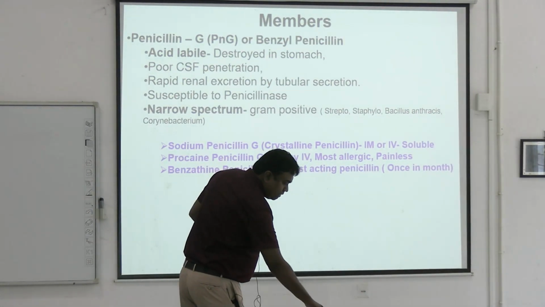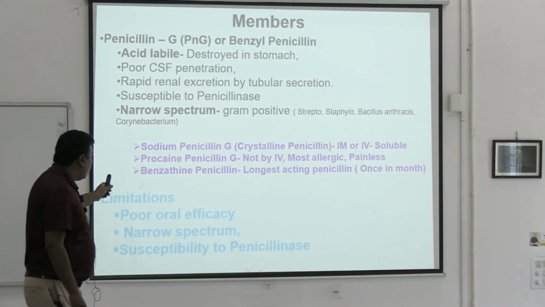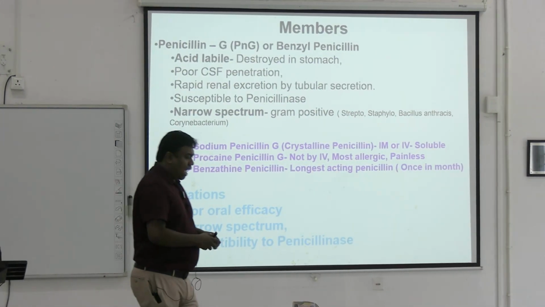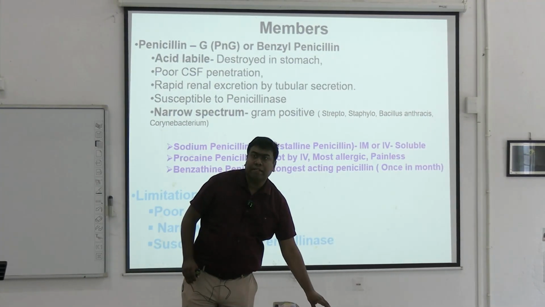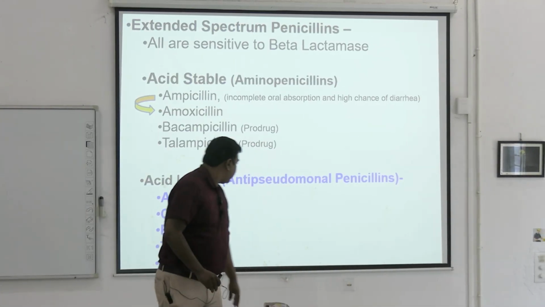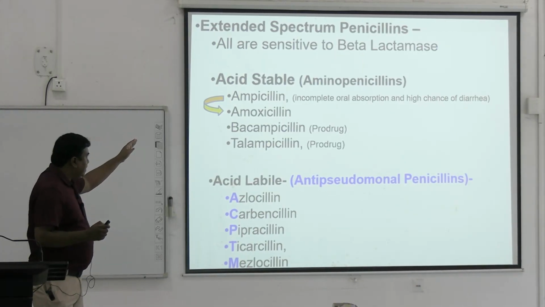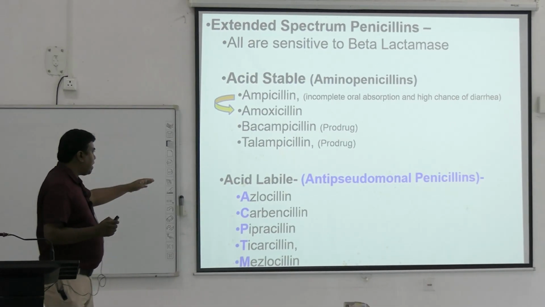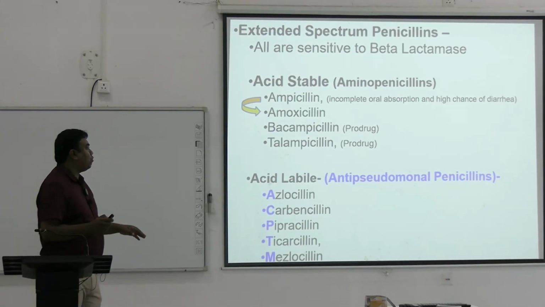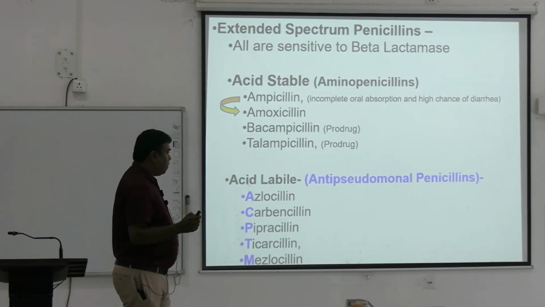Benzathine penicillin is most susceptible to penicillinase. Acid stable are Ampicillin, Amoxicillin and their products. Acid labile but anti-pseudomonal penicillins are Carbenicillin, Piperacillin, Ticarcillin and Methicillin.